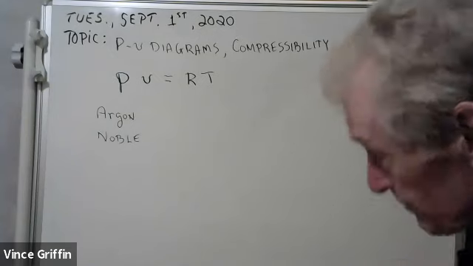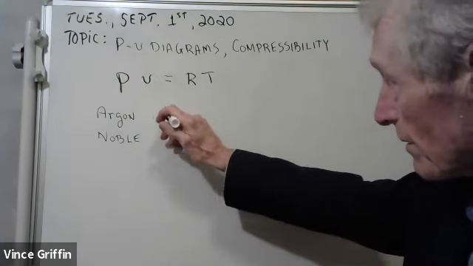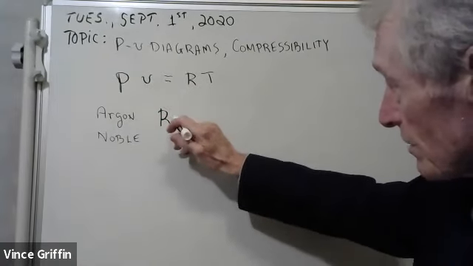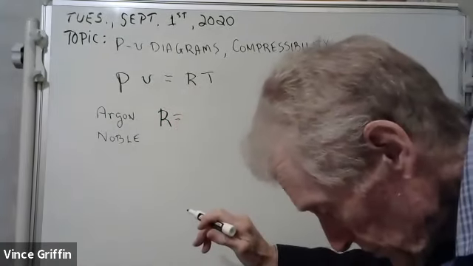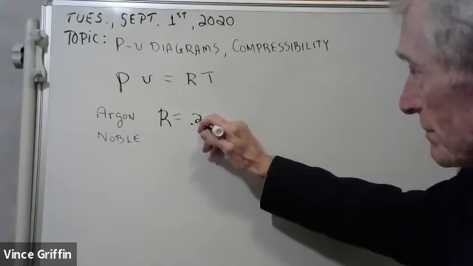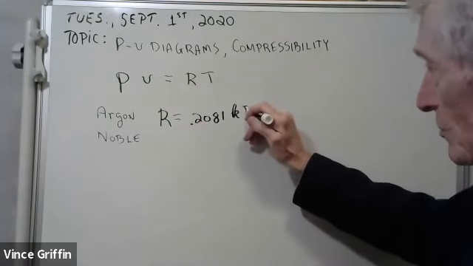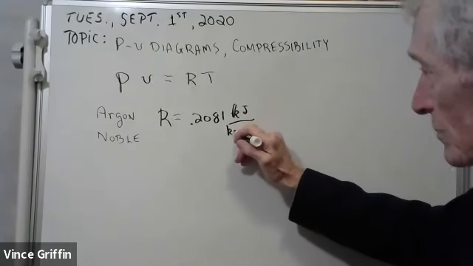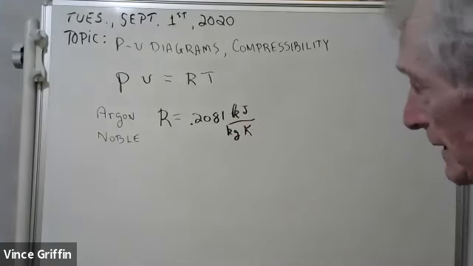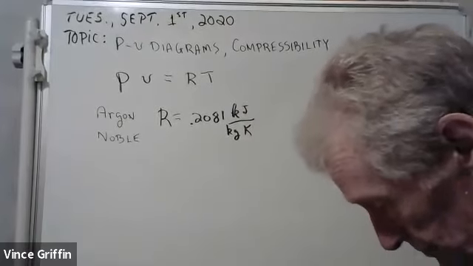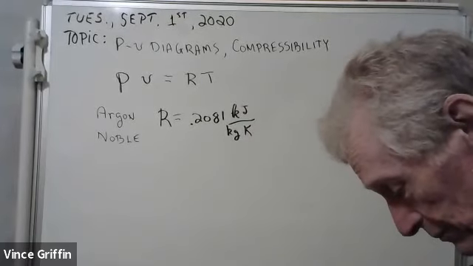Argon. That R right there is your gas constant, and it's 0.2081 kilojoules per kilogram Kelvin. So we got that. Excellent.